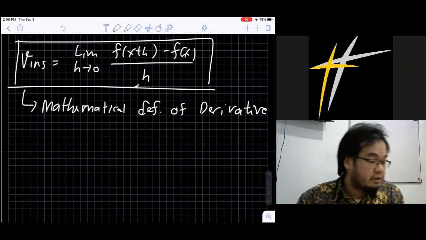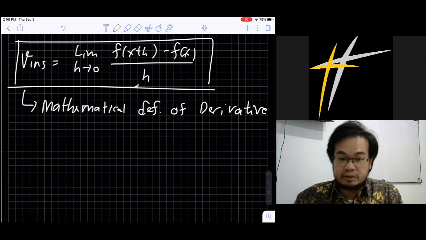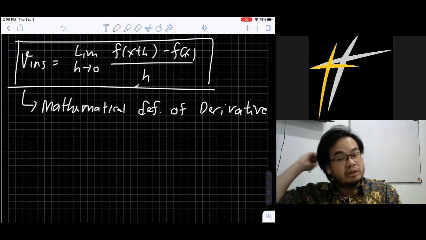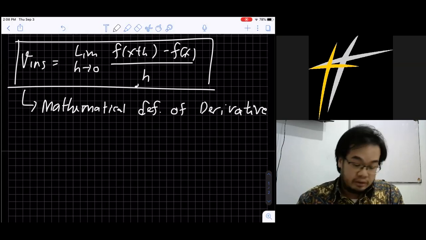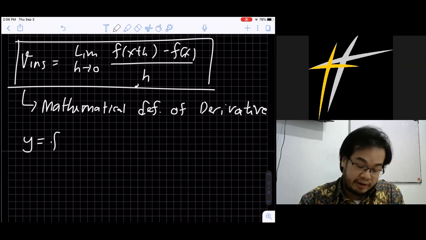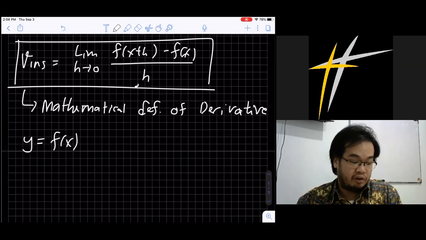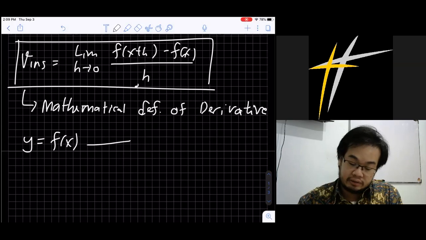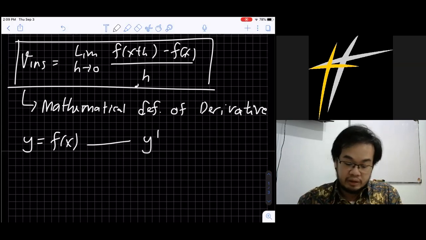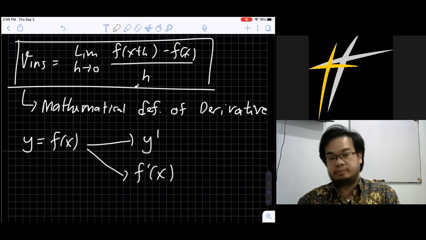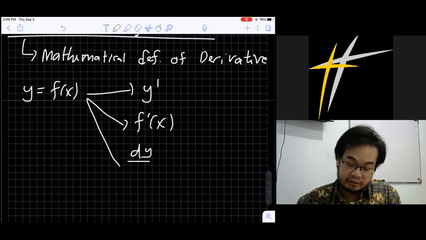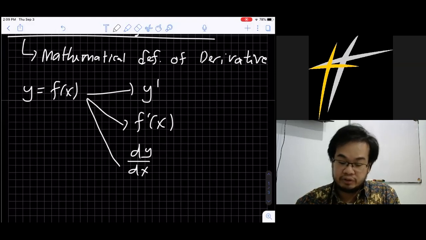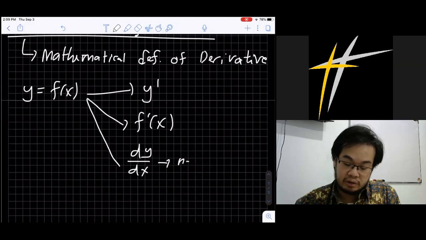So there are three terminologies that are used to say that we want to find the derivative of a function. Okay. So if y equals f of x, then the derivative of y can be written as y prime, can be written as f prime of x, can be written as dy dx as a single symbol. It's not a division.